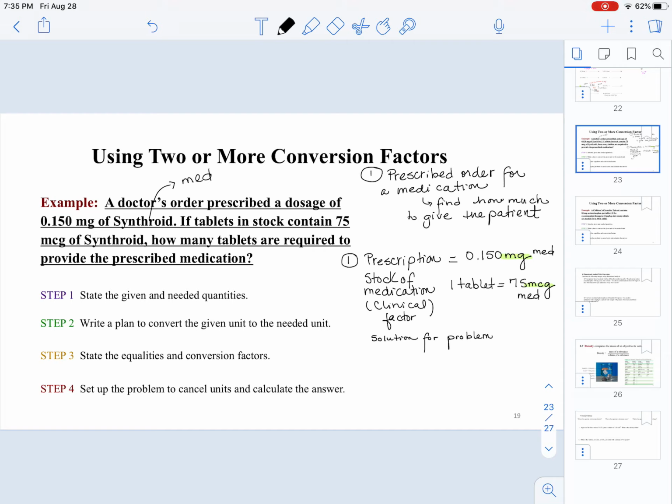So what you should do as a first step when you're solving the problem, if needed, and in this case is needed, is to convert milligrams to micrograms. Again, when you're doing milligrams to micrograms, this is a metric to metric conversion.